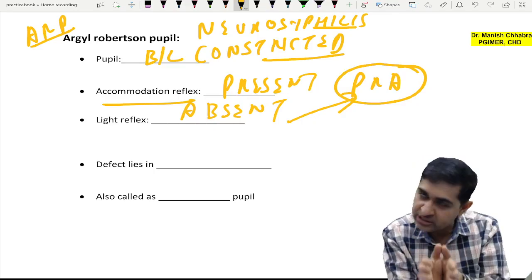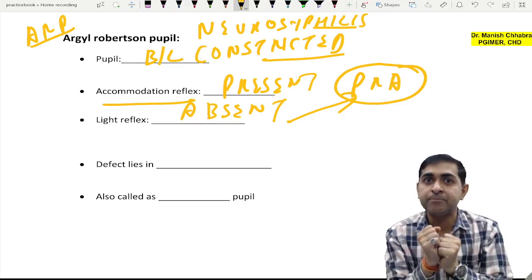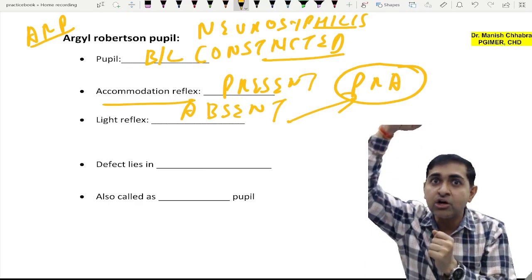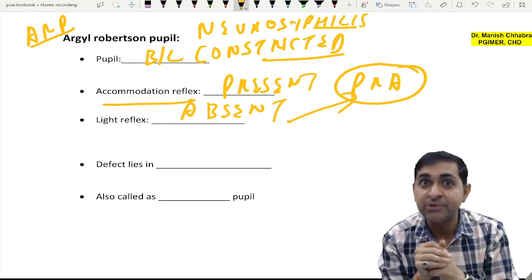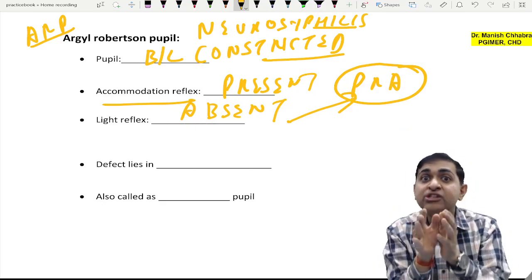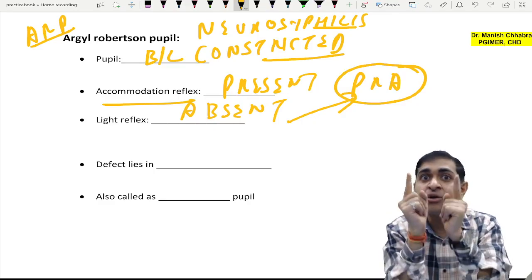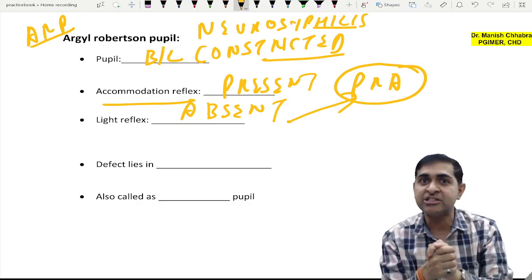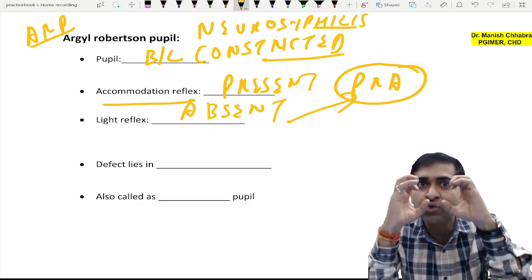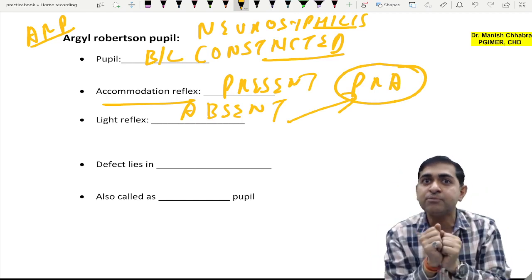Now you will say, okay sir, got it, but why are the pupils bilaterally constricted? Now please understand, there are supranuclear adrenergic fibers which have the tendency to inhibit the action of the Edinger-Westphal nucleus or parasympathetic system. Parasympathetic system causes constriction of the pupil, while sympathetic system causes dilatation of the pupil.